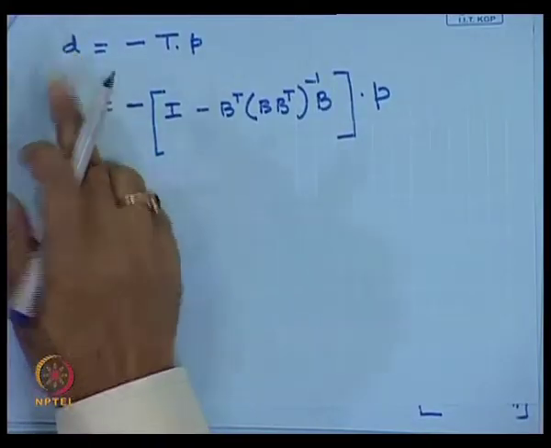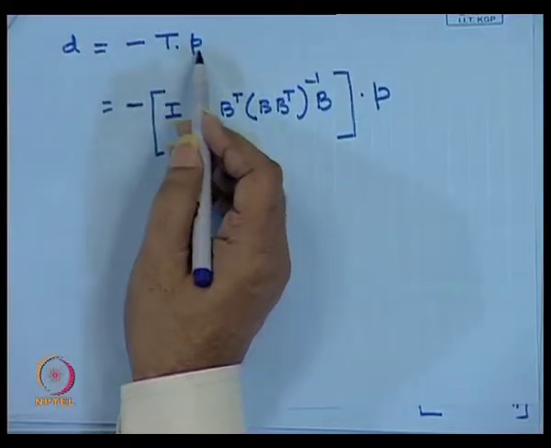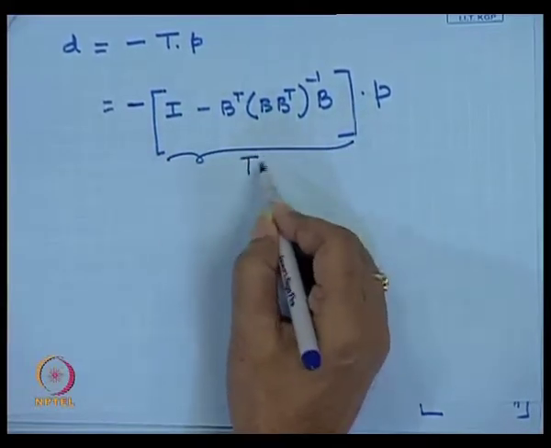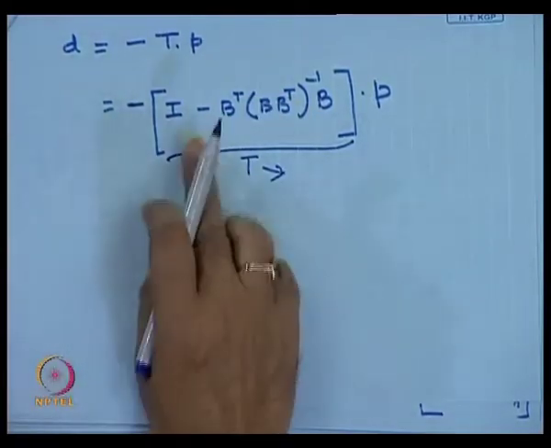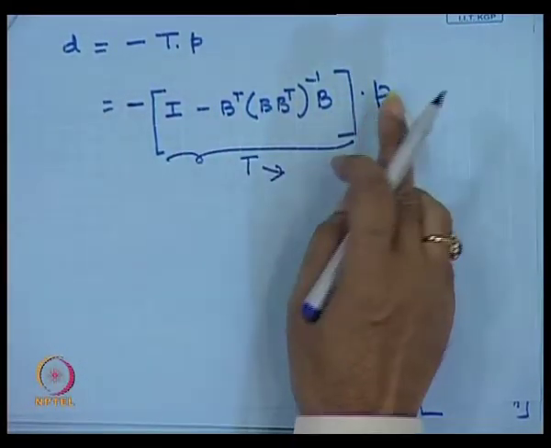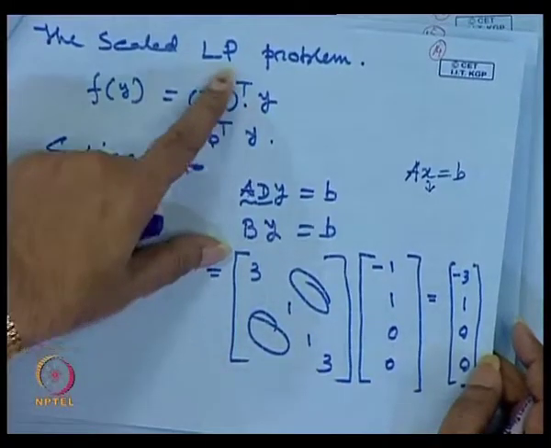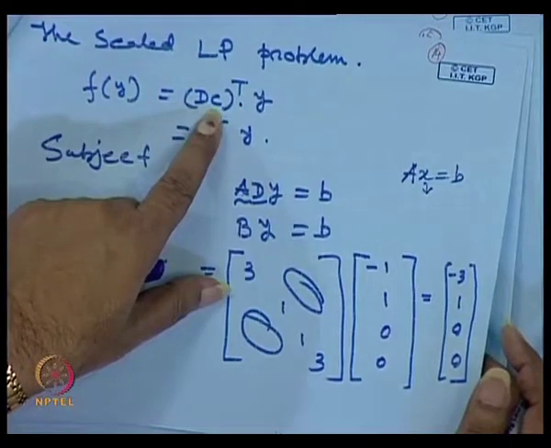So, we know the direction, which we have derived. The direction of the vector is nothing but minus T into P, and this T matrix is a projection matrix that we have discussed earlier, multiplied by P. And what is this P? P is nothing but D into C, that is, P transpose.